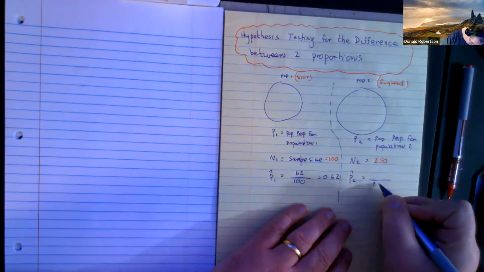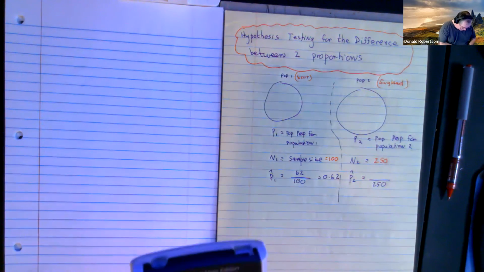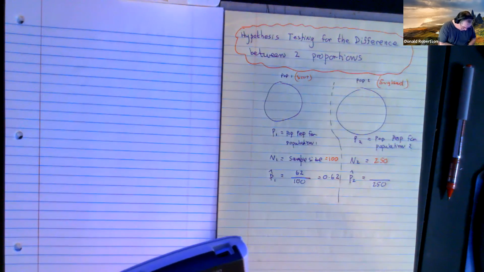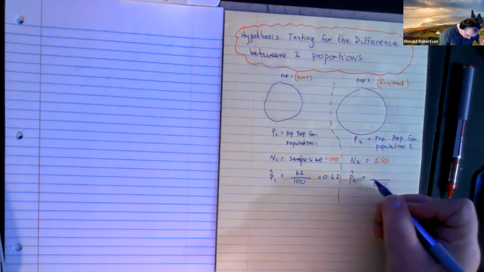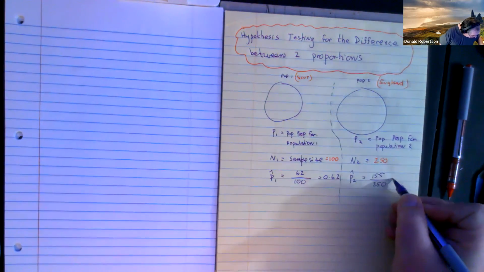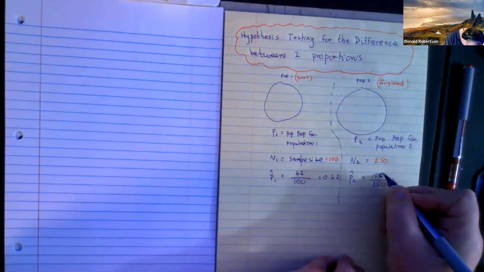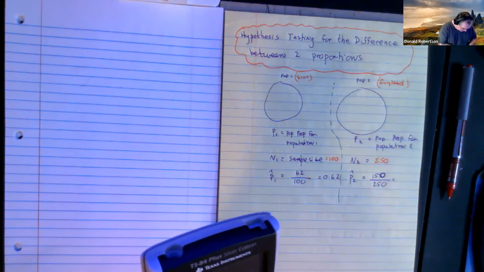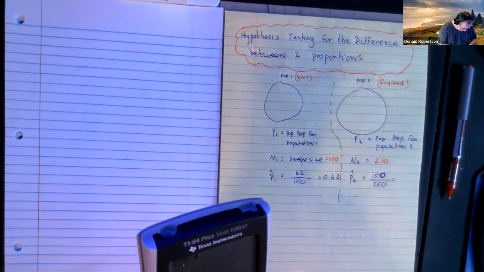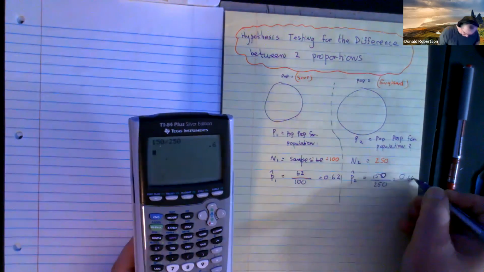And out of that 250, let me pick a number. 155 of them, no, not 155. Make it 150. That's a nicer number. 150 of them said that they liked whiskey, which ends up being just 60%.